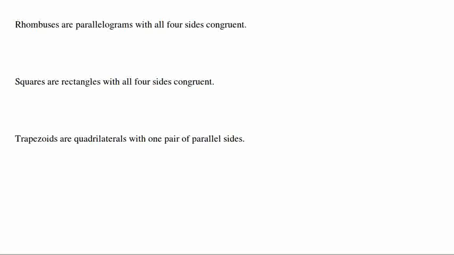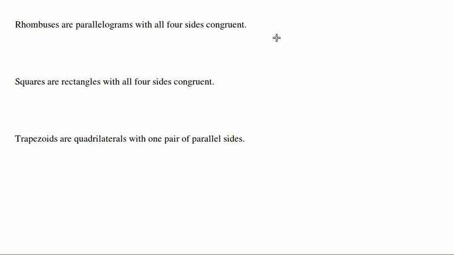Let me give some examples of each. Okay, so a rhombus, we know that it's a parallelogram, so opposite sides are parallel, and we know also that opposite sides are congruent.